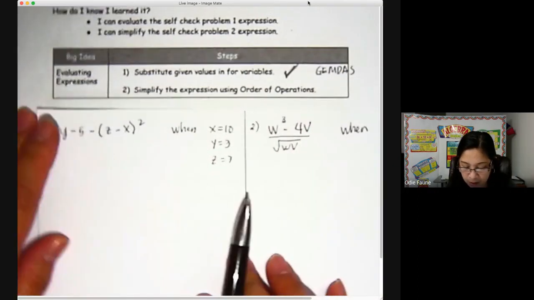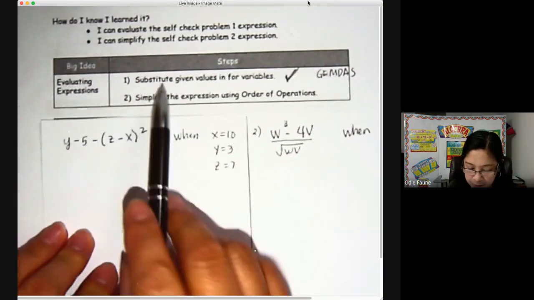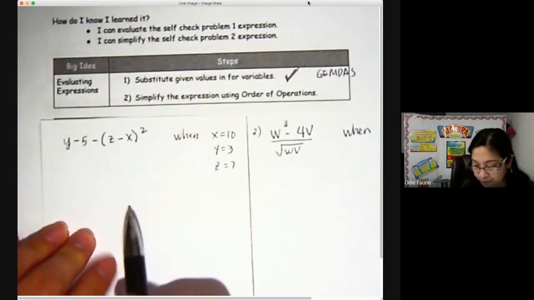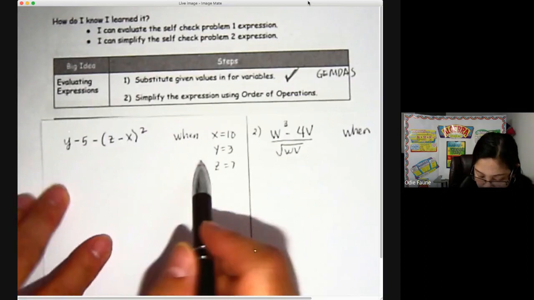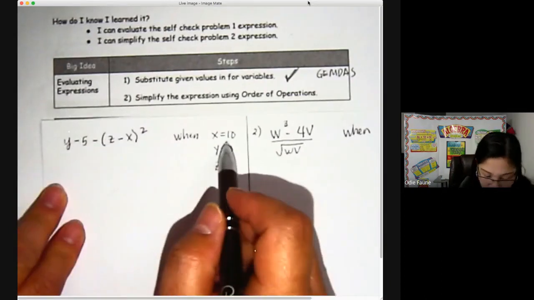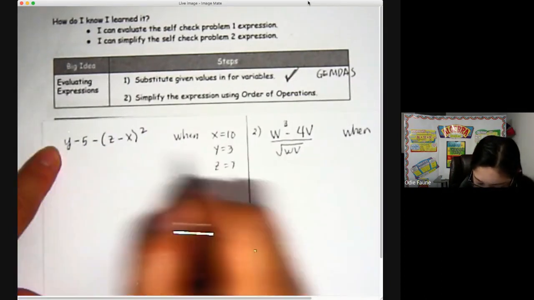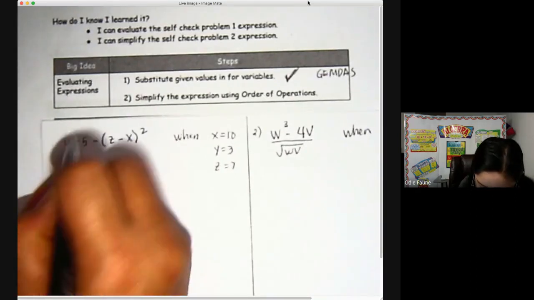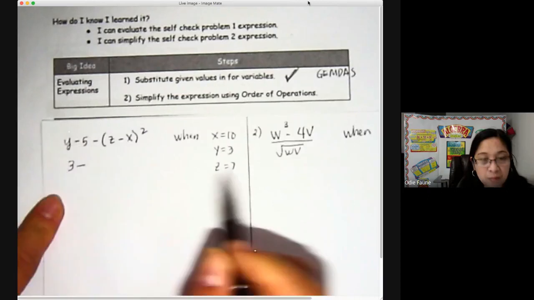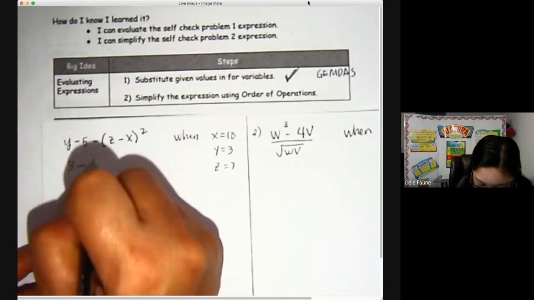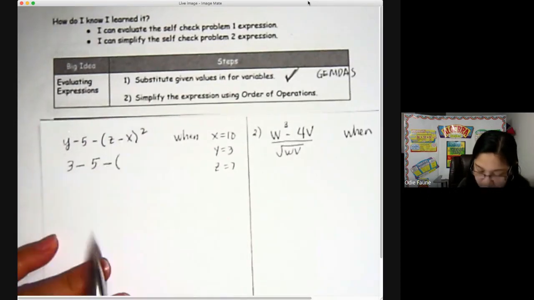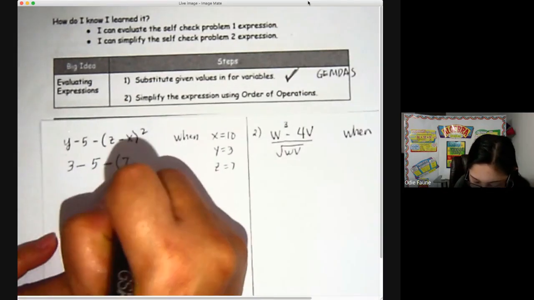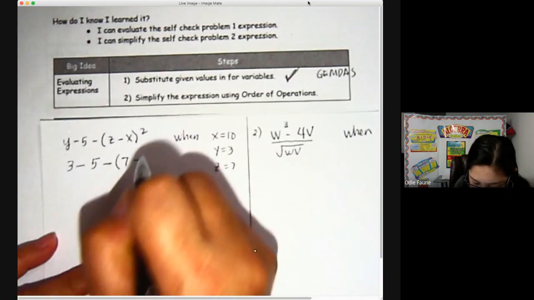applying the steps. First, substitute given values in for variables. So if I make my y equal to 3, we substitute or replace. So this is 3 minus 5 minus, put the parentheses, our z is 7 minus x is 10.